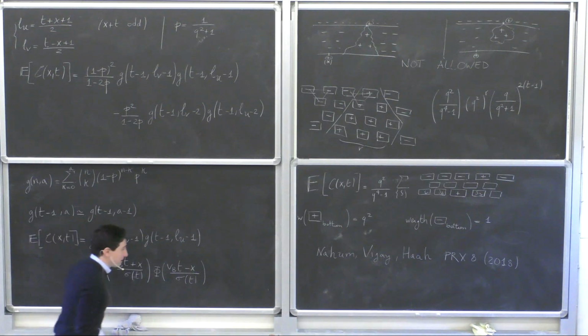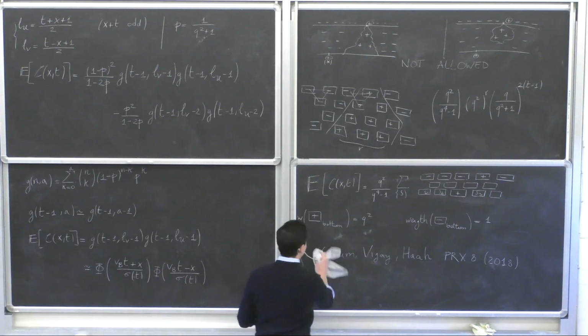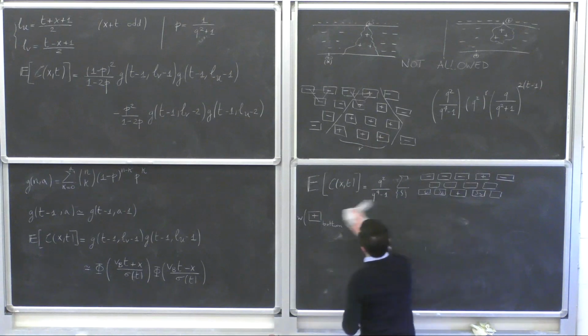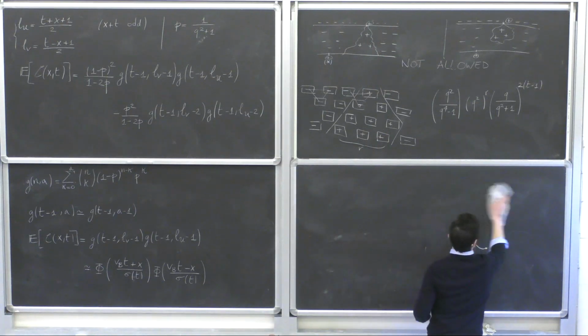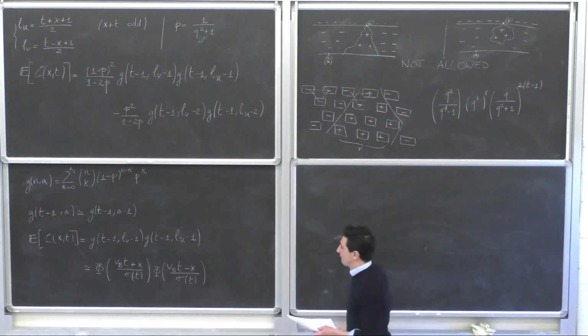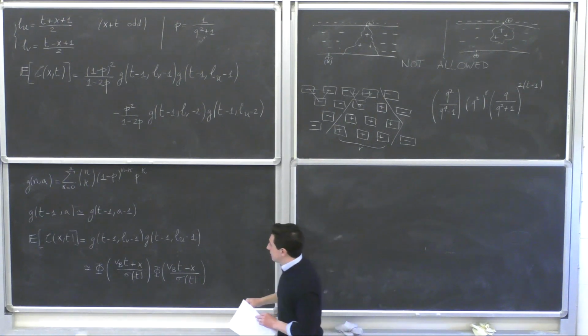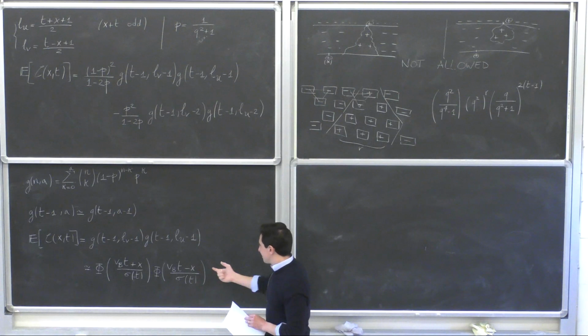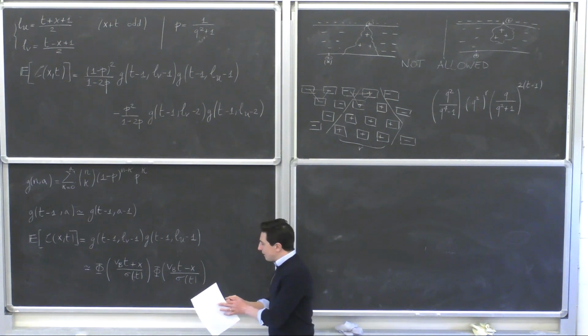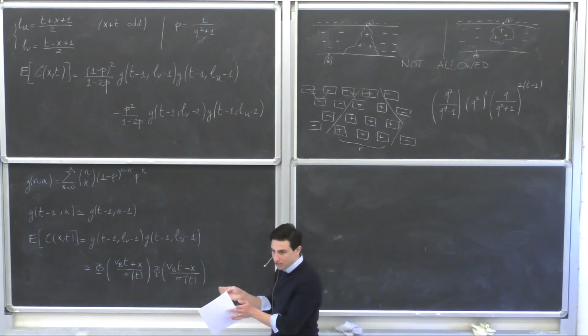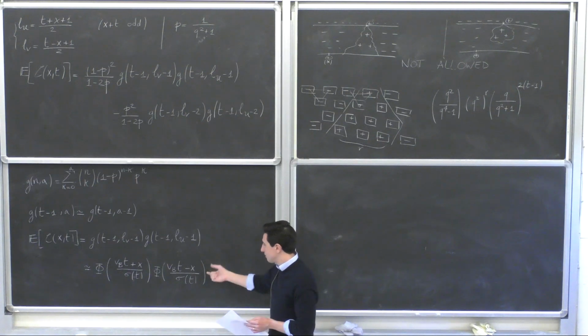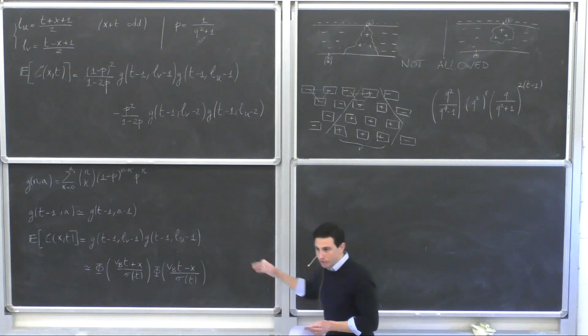Okay, so somehow it takes longer to write the solution than to state the problem. The point is that this expression is valid if t is large compared to 1, but it's only meaningful if both t and x are large. We will see this in a minute.